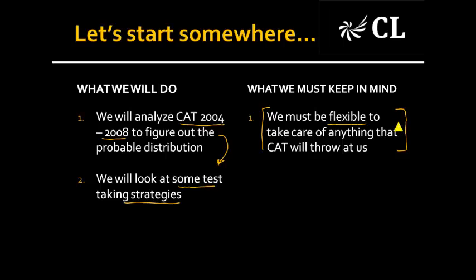Now, we hope that the IIMs will bring a little more clarity into what the paper is. At that point in time, we'll tweak our strategy or maybe make it a little more rigid, but it is always advisable to keep your strategy flexible so that we'll be able to take care of anything that the CAT will throw at us. We'll also keep things pretty simple. We'll not complicate it too much. We just want to have a fair idea and a reasonable kind of strategy.